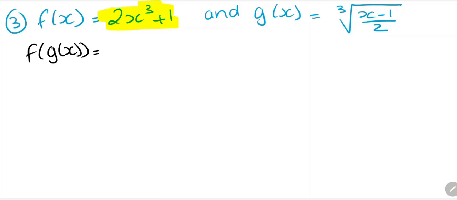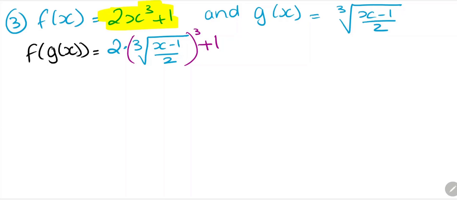So this is going to be 2, and then we're going to write the cube root of x minus 1 over 2, and this is going to be cubed. And then we're going to add 1.